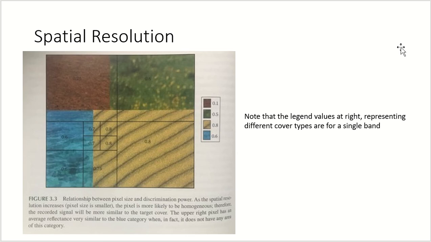So the first one that's mentioned, and really the most basic type. If you hear somebody just talking about resolution of remotely sensed data, they're typically talking about spatial resolution. And as the book talks about, spatial resolution is a function of the instantaneous field of view of a sensor, which is a function of the height, the distance between the sensor and the object it's observing.